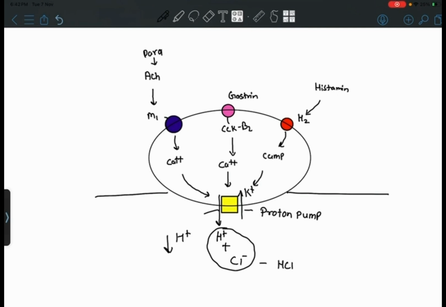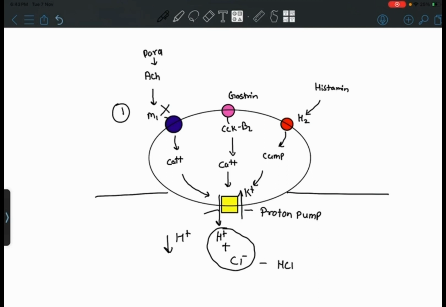First we have anticholinergic drugs to stop the mechanism of the parasympathetic system, so that it will not stimulate the proton pump. This is the first category. Second, we have antihistaminics, not the allergic antihistaminics, but H2 blockers.